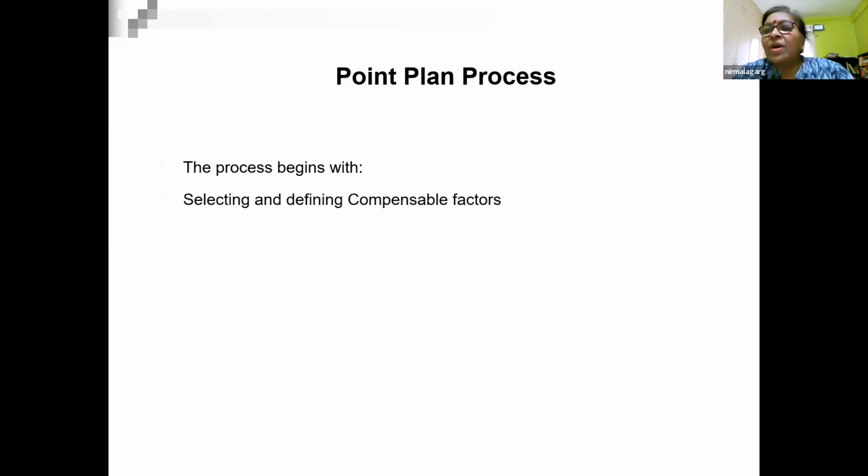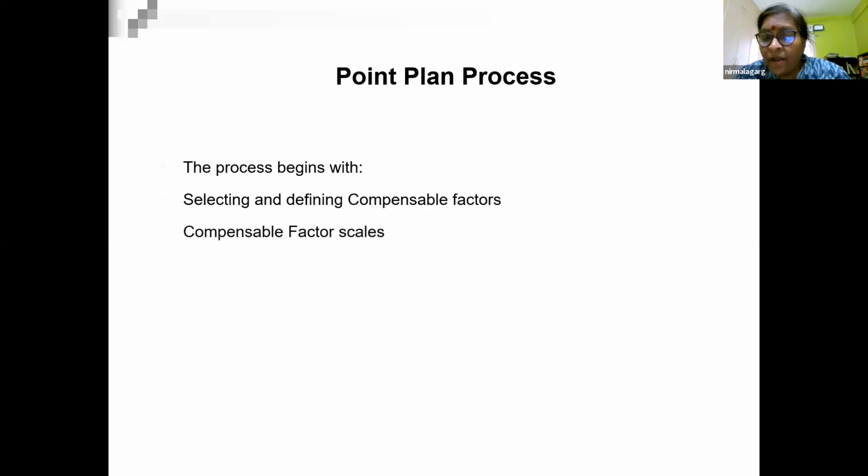It begins with identifying and defining compensable factors for which we actually pay. In an organization, we pay because a certain person has a higher degree, higher education required for that role, higher experience required, higher responsibilities for that role. So we need to define compensable factors.